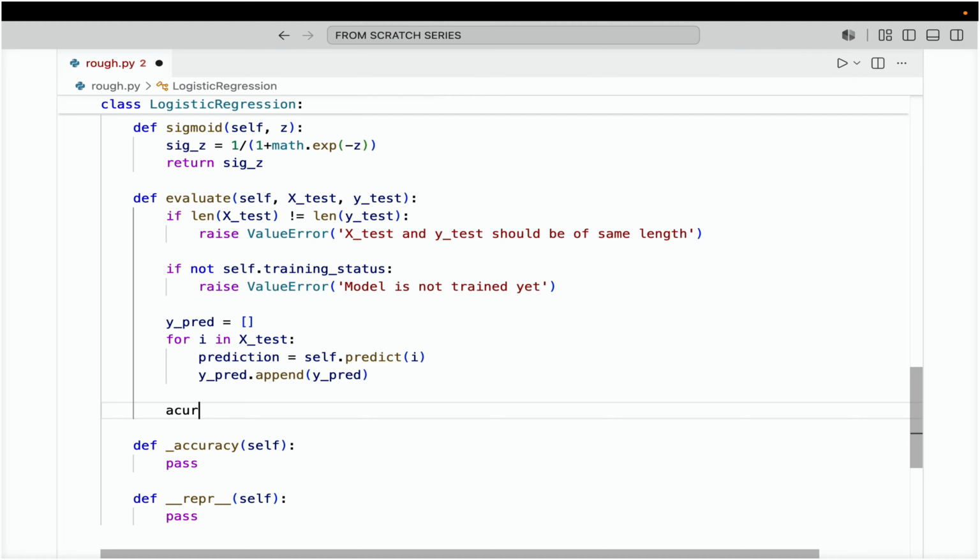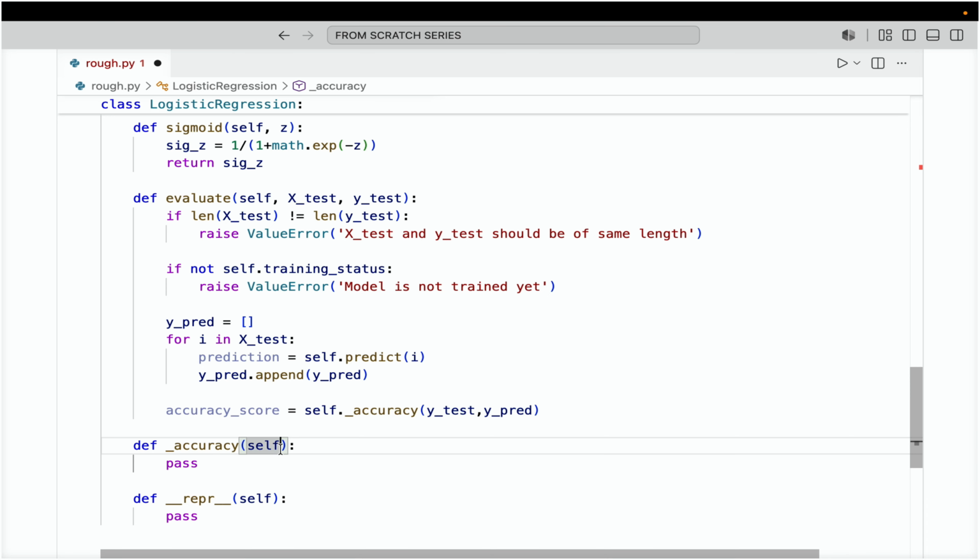Now we try to get the prediction, which is y test. This is what this needs.